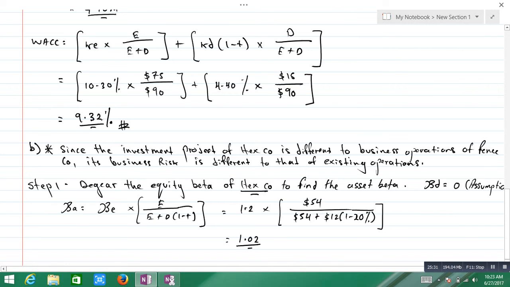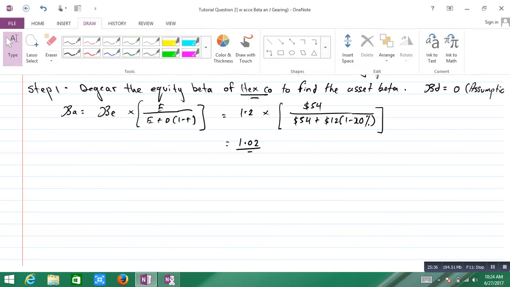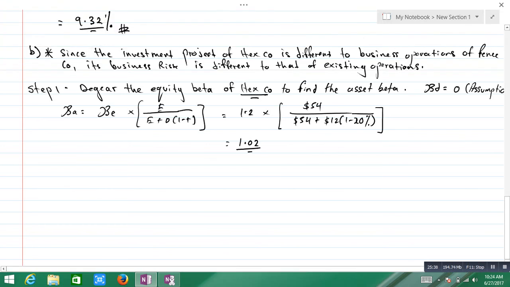Step 2. Step 2, we're going to rejoin back. We already broke up the equity beta into asset beta, and then we're going to join back with the Fansco to find what is our new equity beta.